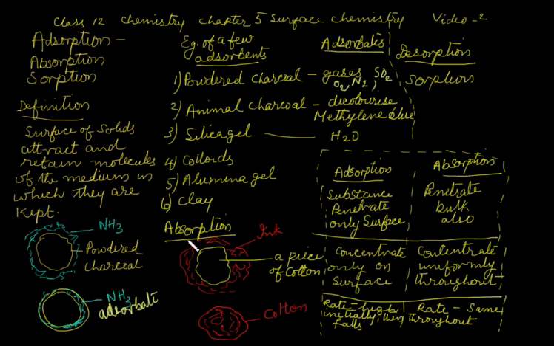This is different from absorption. Let us see an example. A piece of cotton is kept in colored ink. After some time, it is seen that the whole cotton piece takes the color of this ink.